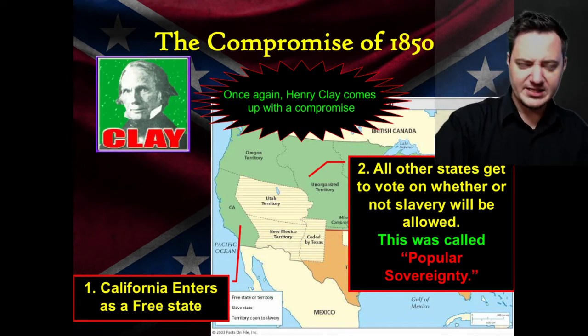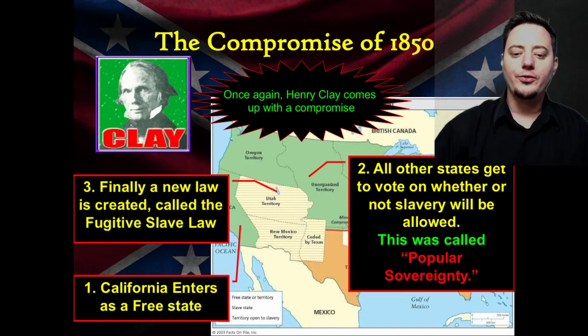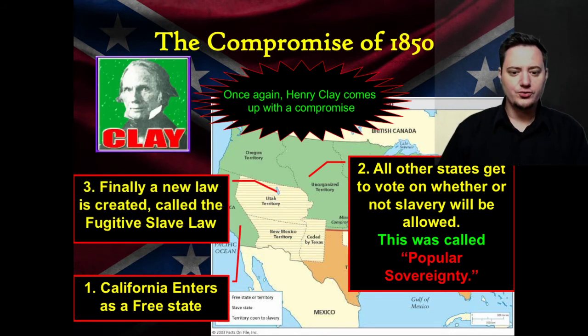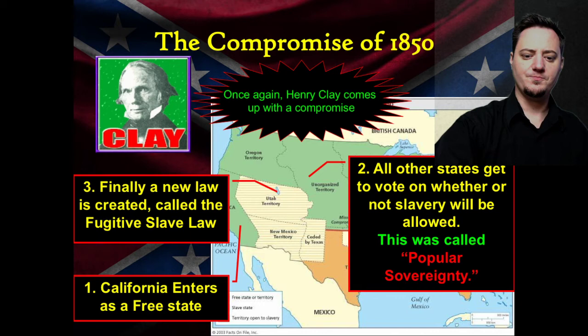And the North concedes. They give them one thing in this compromise that they like, called the Fugitive Slave Act, or Fugitive Slave Law. A new law is created called the Fugitive Slave Law. So these are the three parts of the compromise. What was that law? Let's look at it really quick, and then we're done with today's set of notes. Okay?